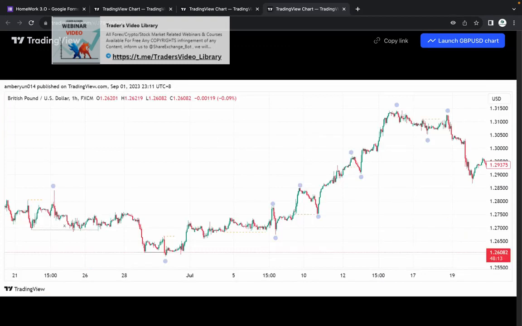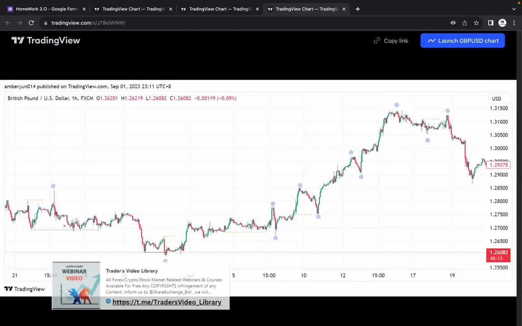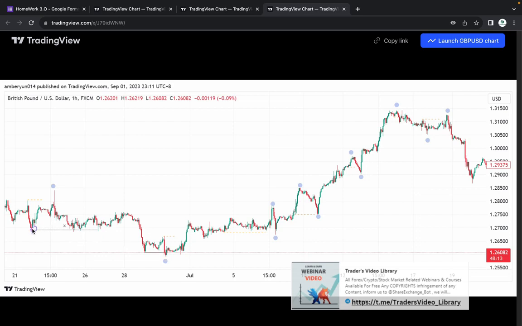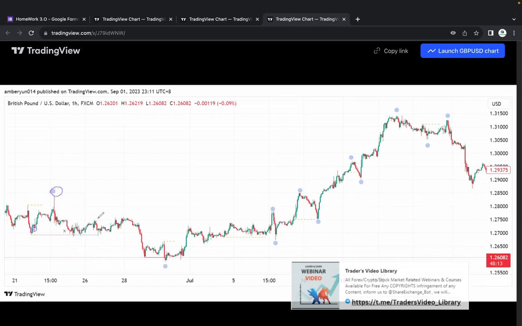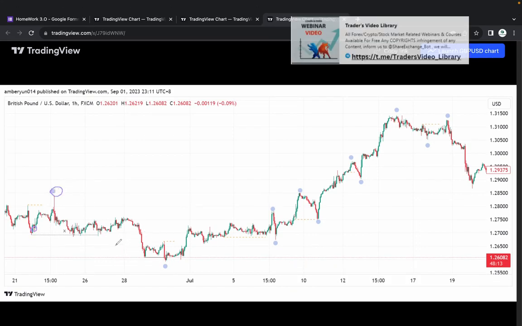Okay, so in this case, what happened here? This was lower lows and lower high, push downside, break this one.